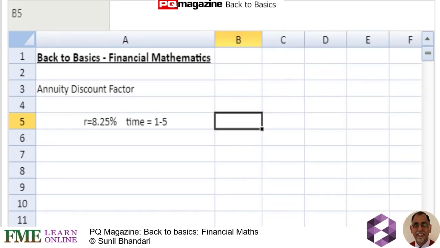Let's turn our attention to the annuity discount factor. Now, yes, you can use the tables, providing the information fits within the remit of those tables. Maximum cost of capital 1% up to a maximum of 20%, and maximum period 15 years. However, look at my example here. I've got a non-integer cost of capital.